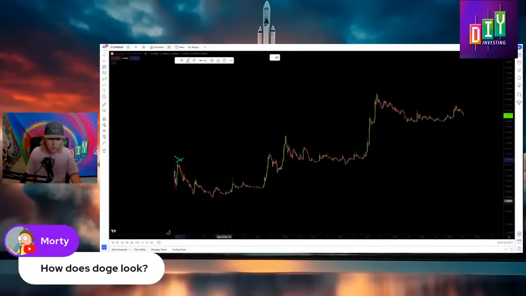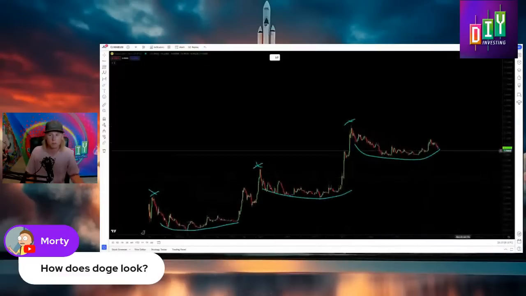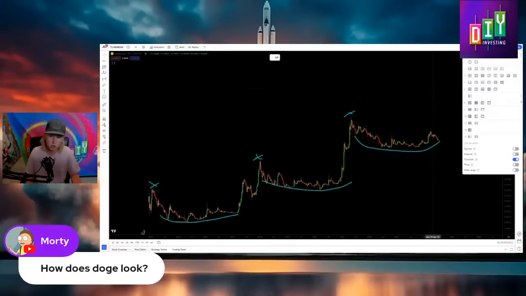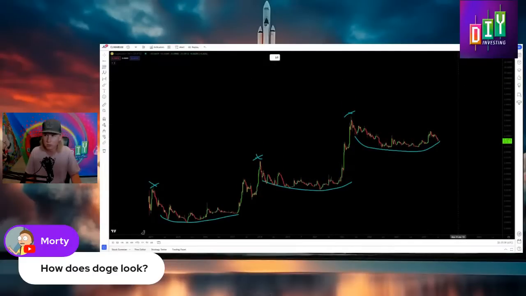Cycle top, big correction, kind of round out. Cycle top, big correction, kind of round out. I mean, we're just going to keep repeating this. Obviously, the ROI is going to be smaller with Dogecoin versus other altcoins. But the thing is if Dogecoin's looking bullish and looking like it wants to go into a new all-time high, I think dog-themed memes as a whole are going to really do well. So just be aware of that.